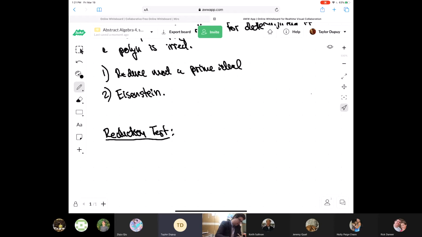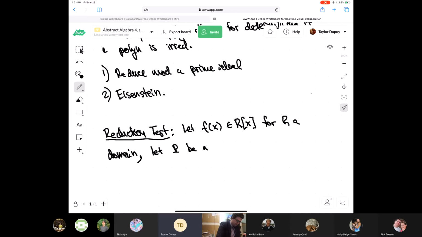Okay, so what we'll do is let f of x be an element of R[x] for R a domain, say. I don't think that's necessary, but let's just be safe right now. So for R a domain, let P be a prime ideal. This also really isn't necessary; I think you can do it for any ideal.